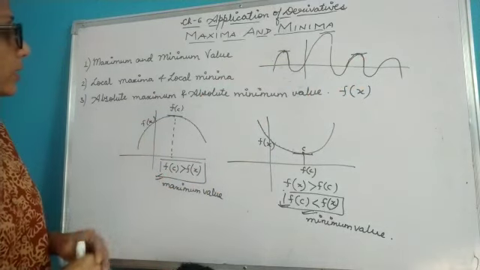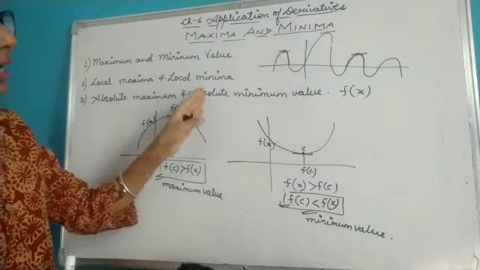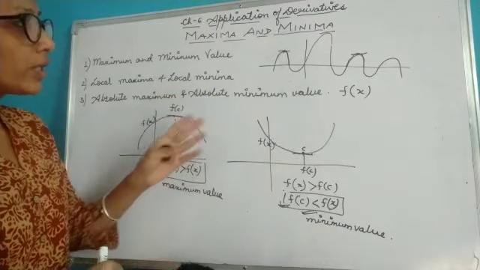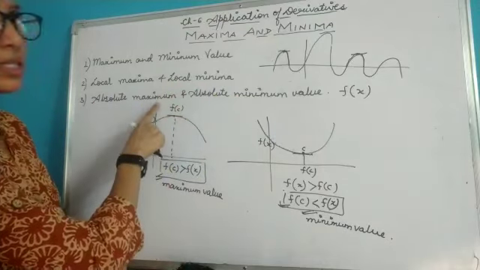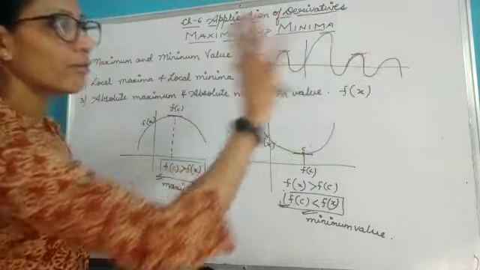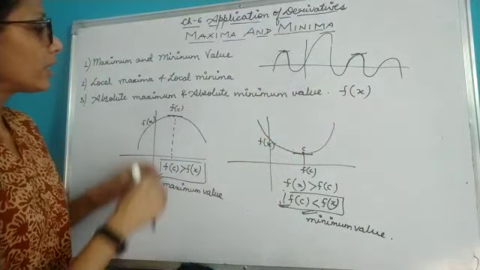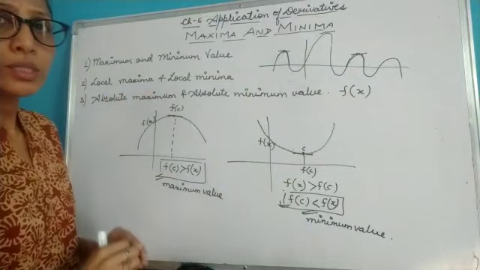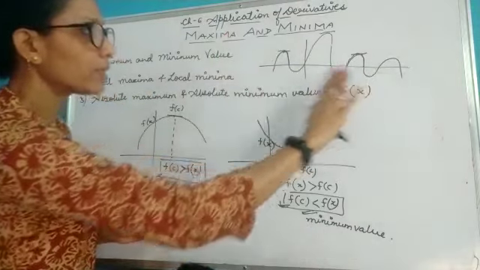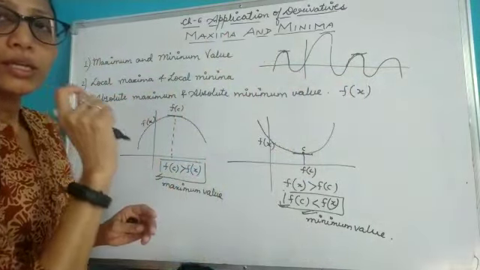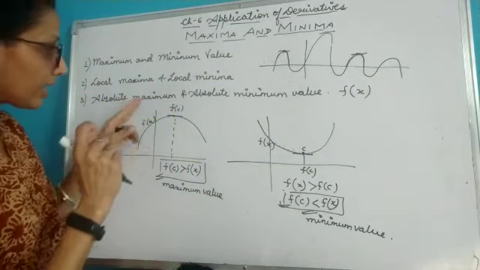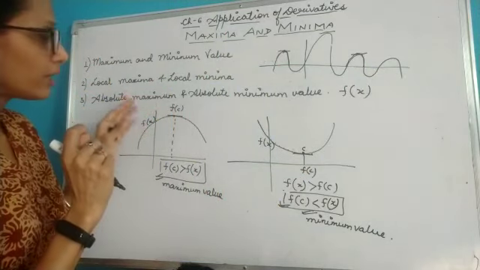Now the third point is absolute maxima and absolute minimum value. Children, absolute maxima means, if a function is represented graphically like this, you just tell me the highest maximum value.